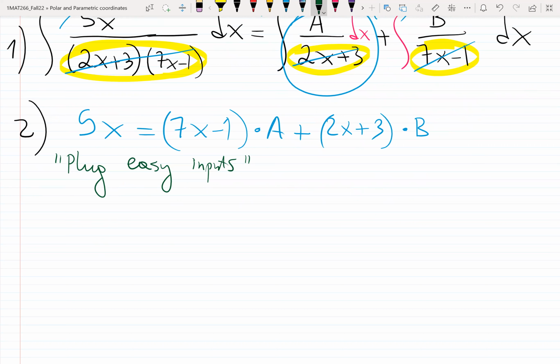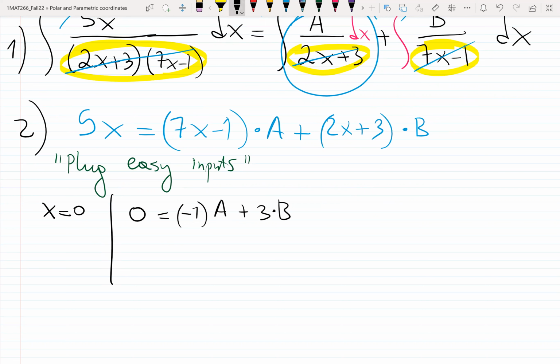So check this out. For easy questions, it's actually easy to plug things in. For example, I like to plug 0. So if x is 0, I will have left-hand side 0, right-hand side 0 minus 1 multiplied by A, and then 0 plus 3 multiplied by B. This is really amazing. Very nice equation.